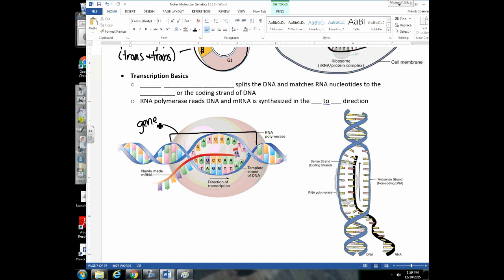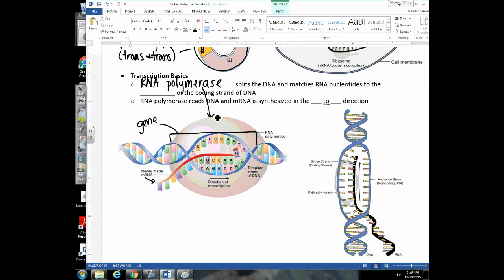Now, the molecule that can unzip the DNA and make the mRNA, and you see the mRNA is being made right here, is called RNA polymerase. Let's take a second to think of the name of that molecule. So polymerase, we've got an enzyme that is building a polymer. It's building a polymer of RNA. So that's why we call this enzyme, which is being shown here by this big blob, RNA polymerase.